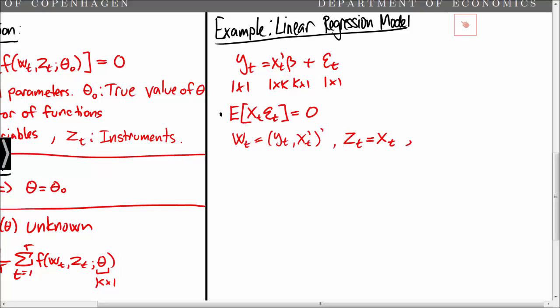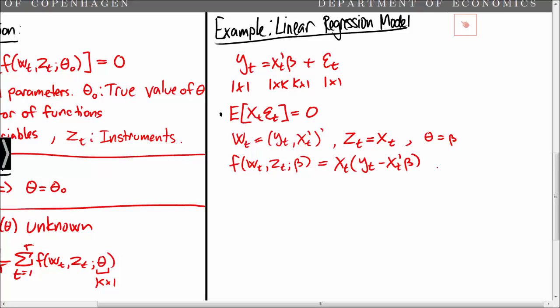The model parameters are beta. Moreover, the function f is given by xt times the residuals, meaning that the function f is simply xt times yt minus xt prime beta.